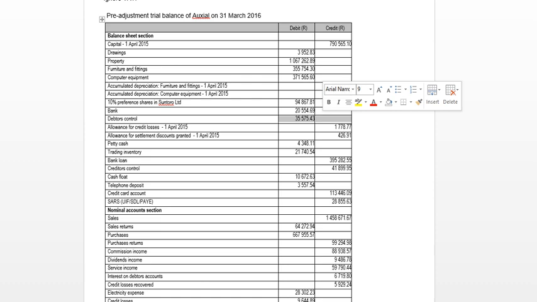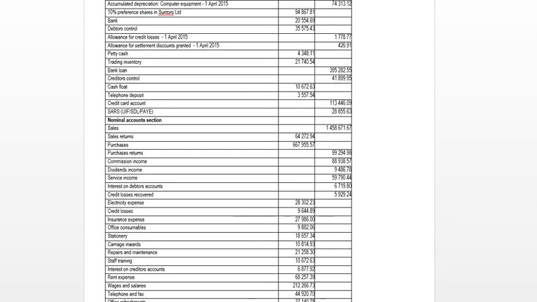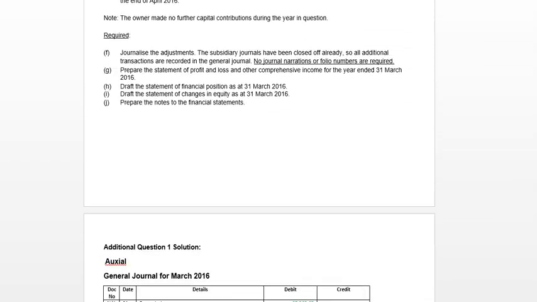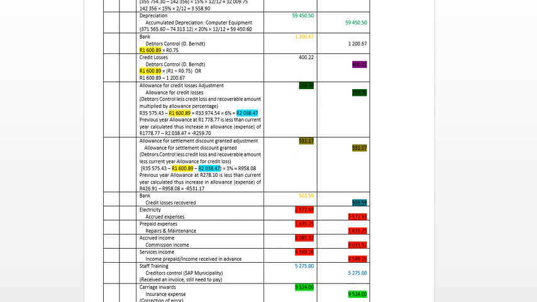We need to adjust for this Mr. D Burnt, whom we wrote off, and we then need to determine what our allowance for credit losses for the year should be. We want to maintain 6% of our trade receivables. So if we calculate that, we know that our trade debtors is 35,575 and 43 cents.